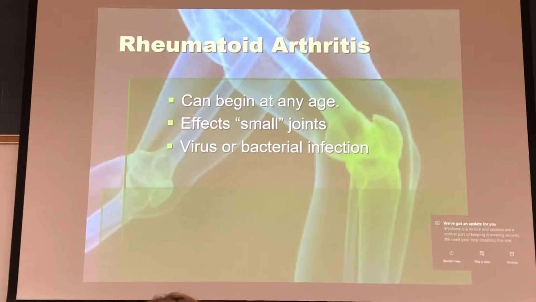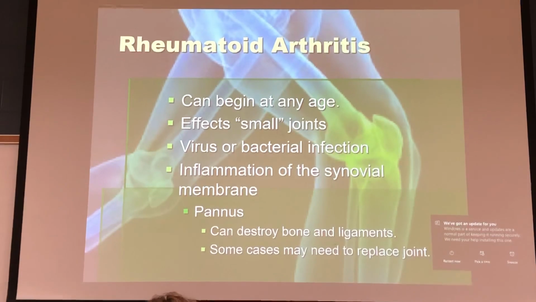So rheumatoid arthritis is a tough one. Also, I want you to circle this term, pannus. This is a description of the outer synovial membrane or capsule that becomes so enlarged that it disfigures the joint.